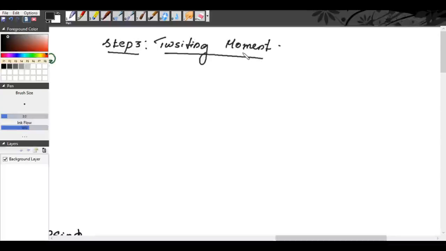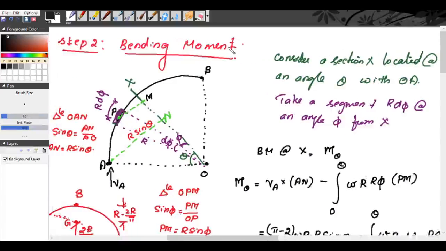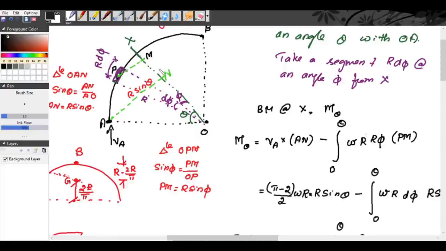See, for twisting moment, it is similar to the bending moment. See, previous two cases we saw, right? Now listen.